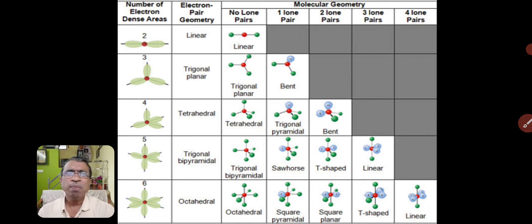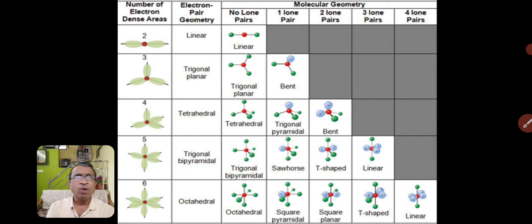Yes, this is a slide which shows what we have already discussed. So, if the molecule contains one central atom and two attached atoms, like beryllium fluoride, it has linear geometry. If it has four atoms in a molecule, one central atom and three surrounding it, then it gives trigonal planar geometry if there are no lone pairs of electrons.